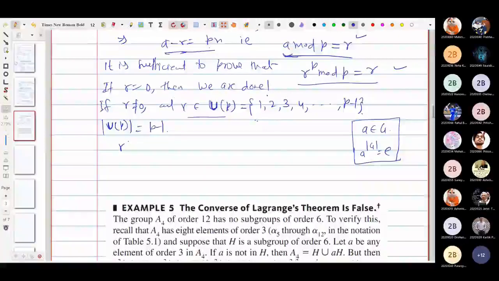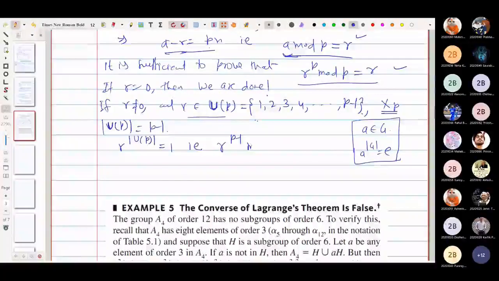So r raised to the power order of U_p should be equal to 1, that is identity. So r to the power p minus 1 should be equal to 1, because we are taking the operation as multiplication modulo p.